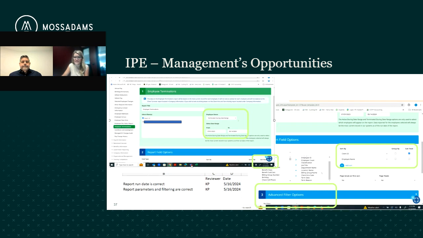I did include a simple example here of screenshots showing a report, the filters, and maybe some review procedures of what that would look like, the type of evidence that should be retained by management.